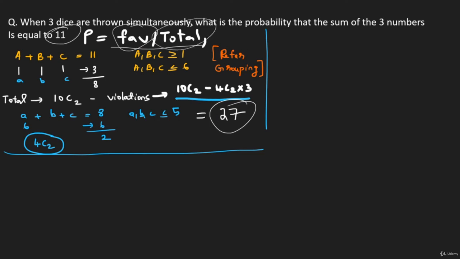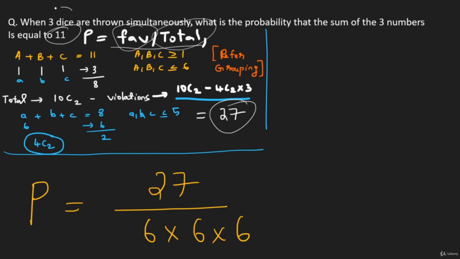And what is the total? The total is 6 into 6 into 6, right? Because we are throwing 3 dice. Each dice can have 6 possible outcomes. Therefore, dice 1 and dice 2 and dice 3 can have 6 into 6 into 6 possibilities. Therefore, your answer to this question is 27 divided by 6 into 6 into 6.